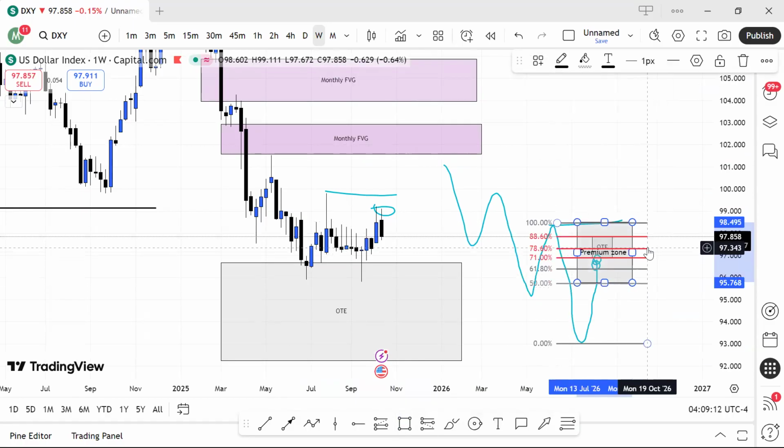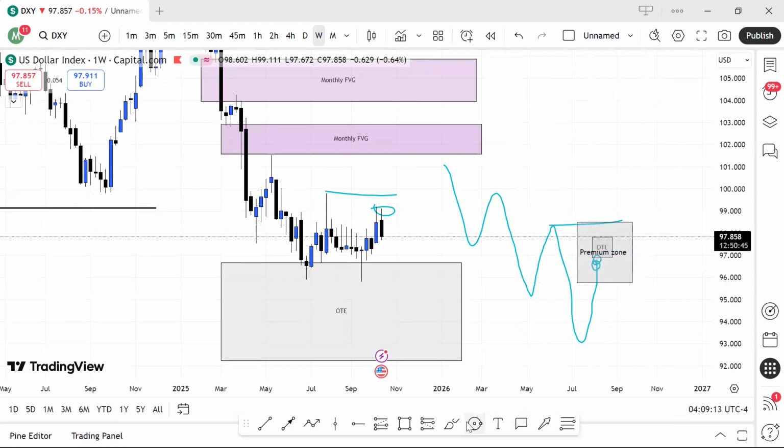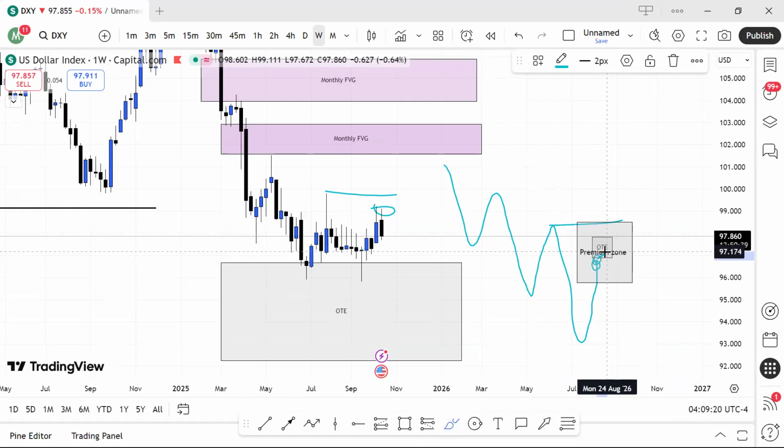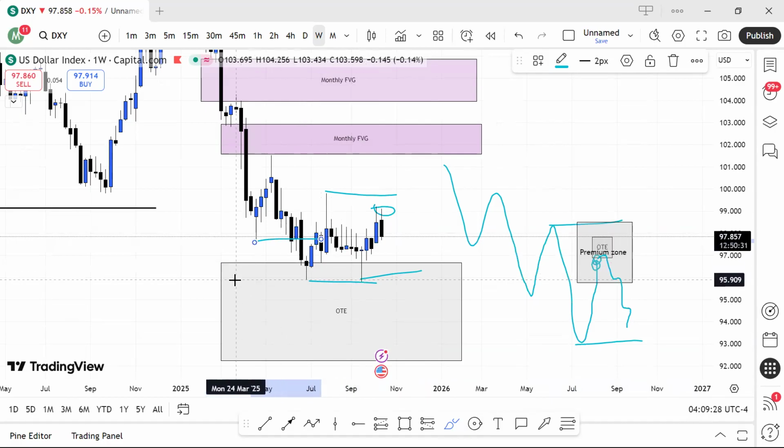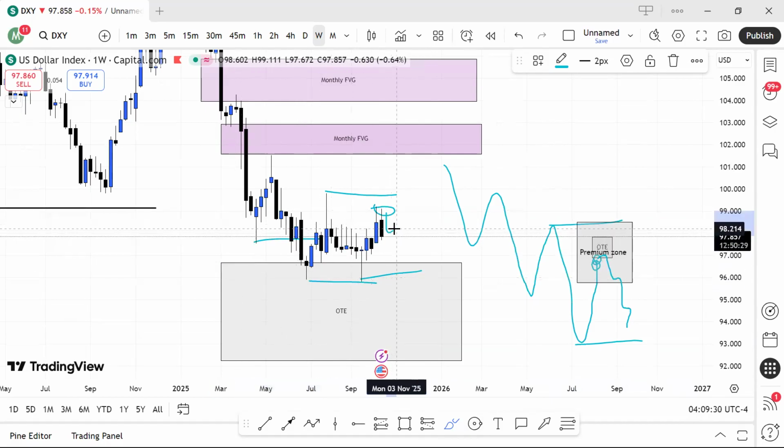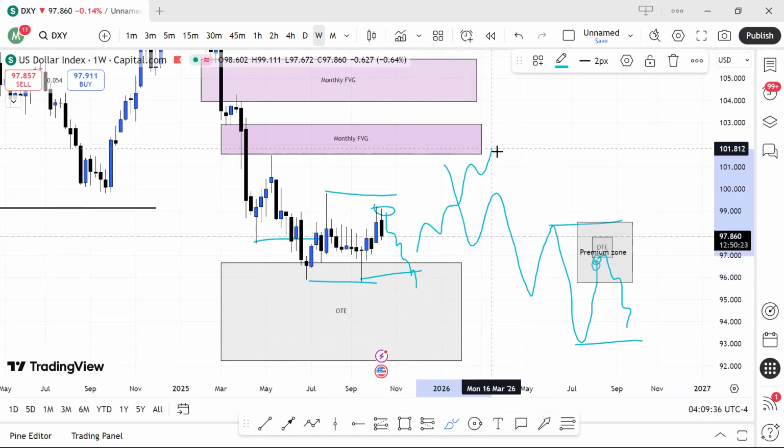Which means we might see the market respecting these OTE zones, which is within the premium zone, and then continue to the downside, targeting this low, which is this one here, as we've been taking out those lows here. So we may see the market continuing and pushing to the downside, just like this. Which implies that we will be bullish on Euro USD, Pound USD, exactly, something like that.